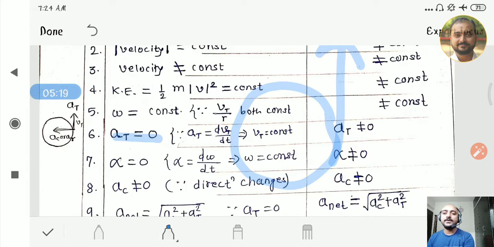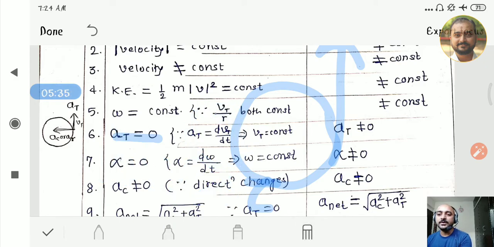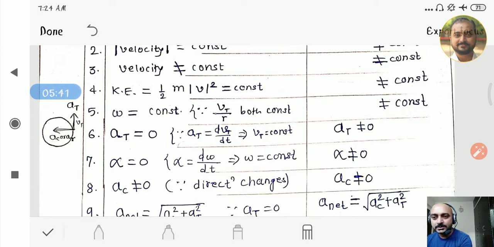Acceleration is the rate of change of velocity, that is dv divided by dt. The tangential speed vt remains constant, and the derivative of a constant quantity is always equal to 0.